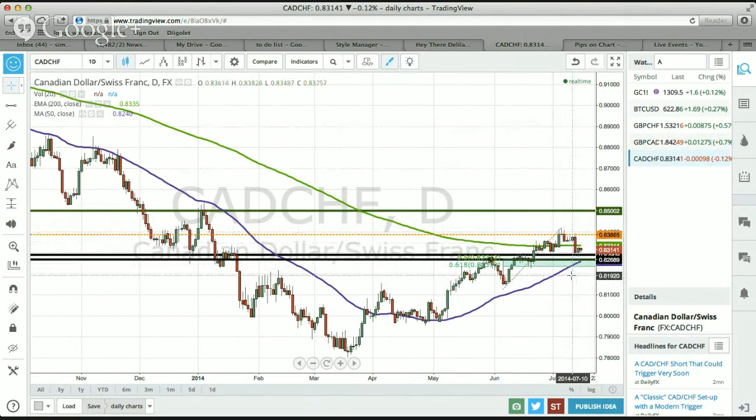Now, something that I most likely will do is, if we can reach 84.16, I'll take half off. Now that may be a mistake, or that may be a risk-averse approach. Certainly, I can understand the rationale for trying to hold the entire position at 85.